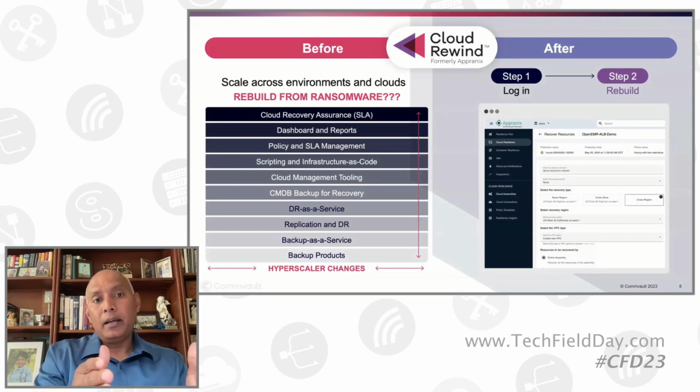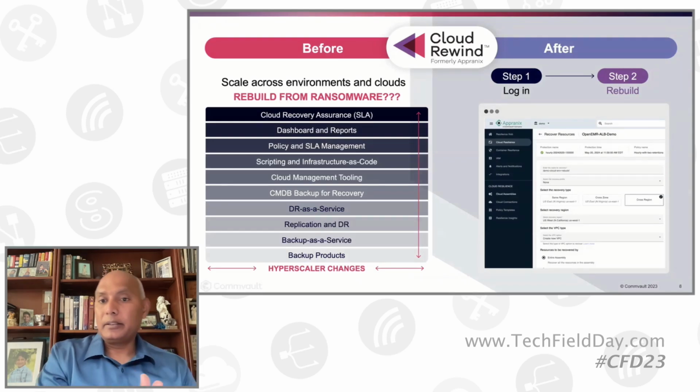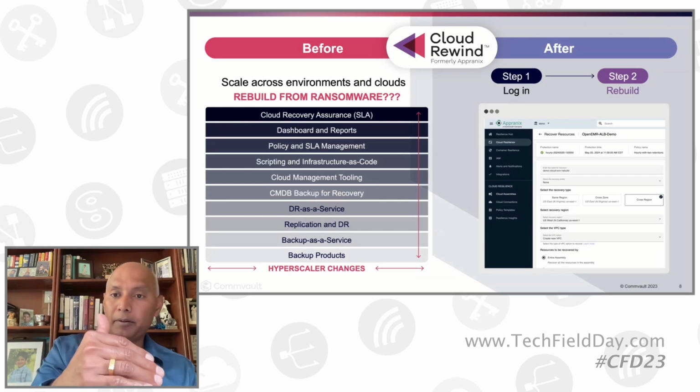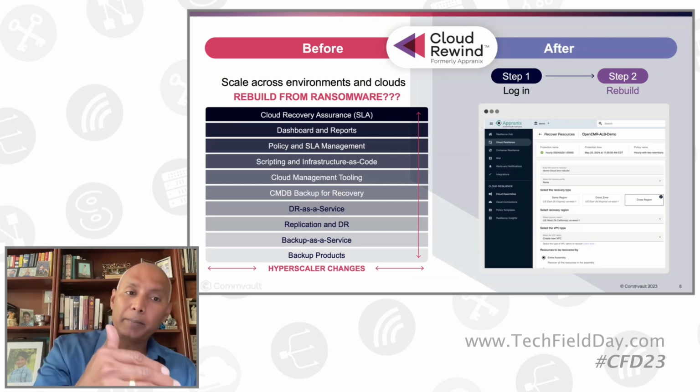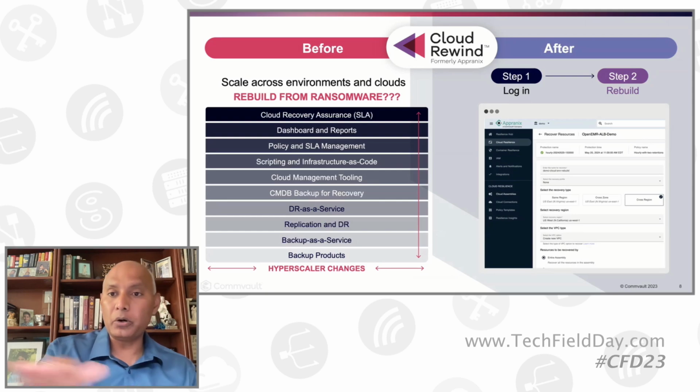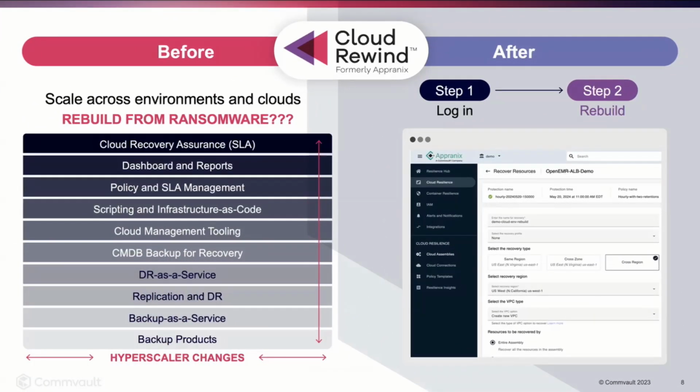And typically, these advanced cloud users tend to create their own frameworks, starting from the backup product. Back up your data first, and then you can build some kind of backup service on top of it. Have replication for your data to go from one region to another. Then you need some kind of configuration management database, and then infrastructure as code.